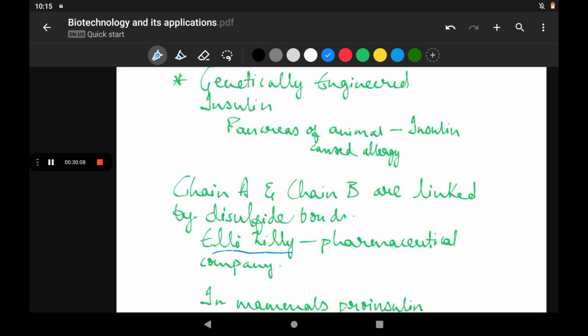In mammals, insulin is secreted as a prohormone, that is, as proinsulin. If you look into the structure of proinsulin, it has a C chain which connects the A and B chains. This is seen in the case of mammals.